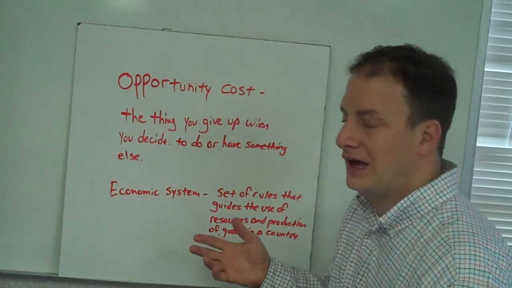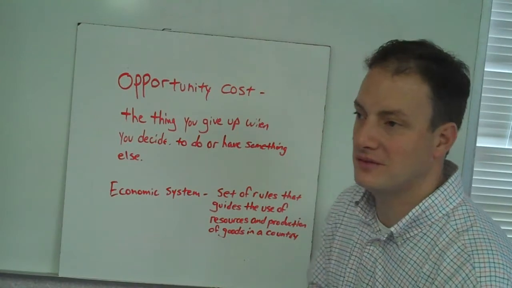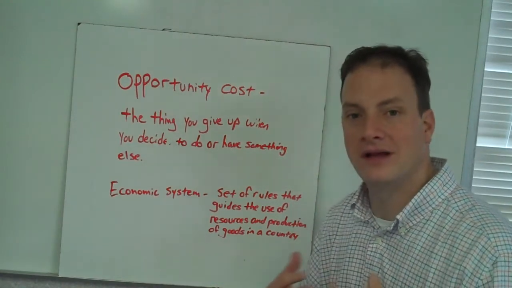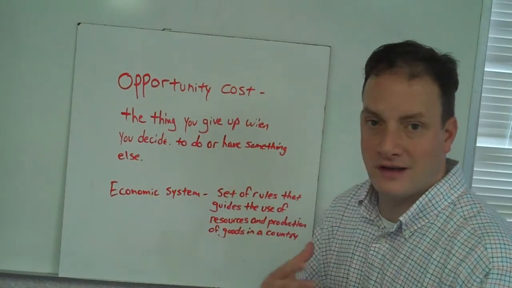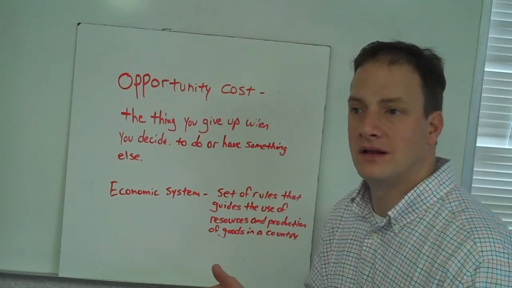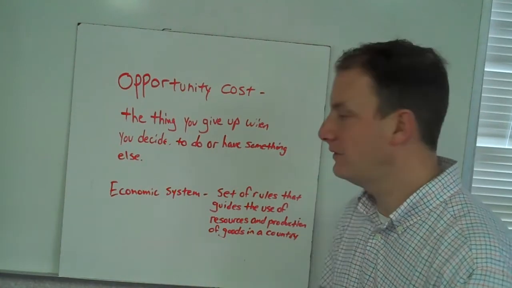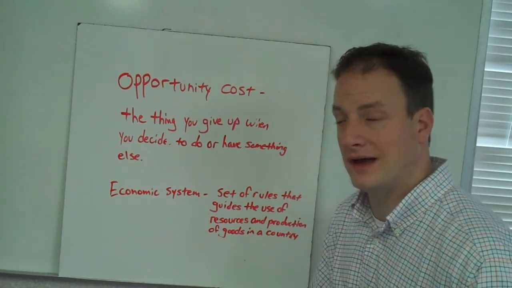And I also see that we need groceries. Remember, a need is something that I have to have in order to survive. Well, I have to decide, am I going to use that money to buy the Wii game that I really don't need, or am I going to use that money to buy groceries, an item that I need to survive?